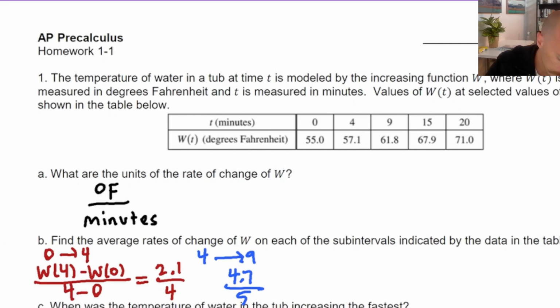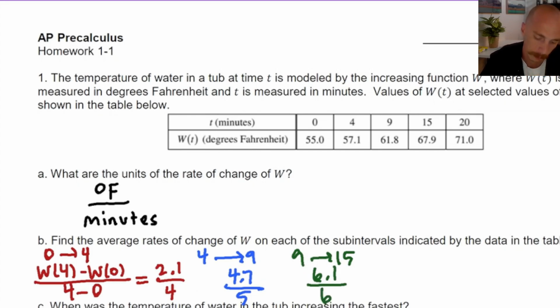And then, let's see what else. And then from 9 to 15, it went from 61.8 to 67.9, so it increased by 6.1, when t increased from 9 to 15, that's an increase of 6.